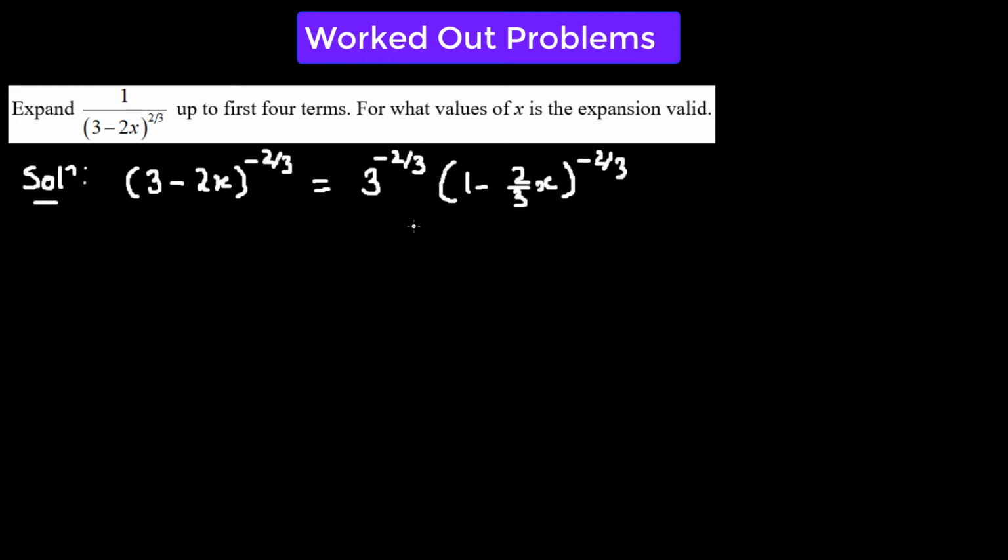So let us now expand. This will give us 3 raised to the power of negative 2/3 times the first term, which is 1, plus n, where our n value is negative 2/3, times x.